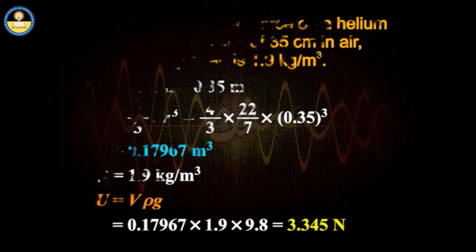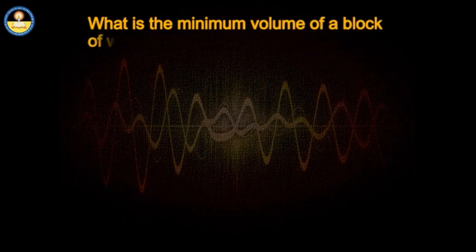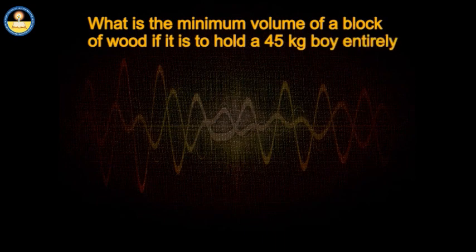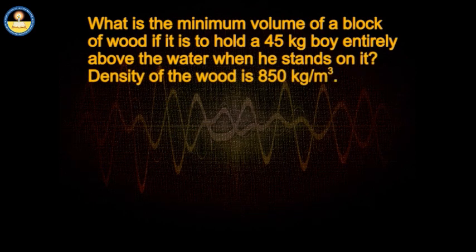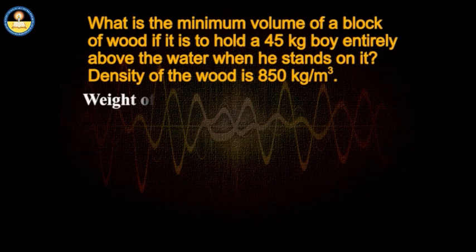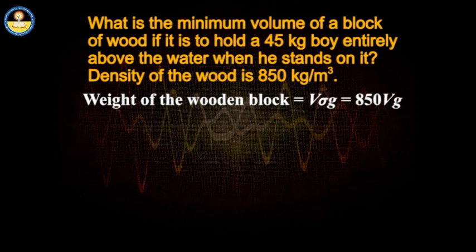Next problem is, what is the minimum volume of a block of wood if it is to hold a 45 kg boy entirely above the water when he stands on it? Density of the wood is 850 kilograms per meter cube. The weight of the wooden block is equal to the product of its volume, density and acceleration due to gravity.